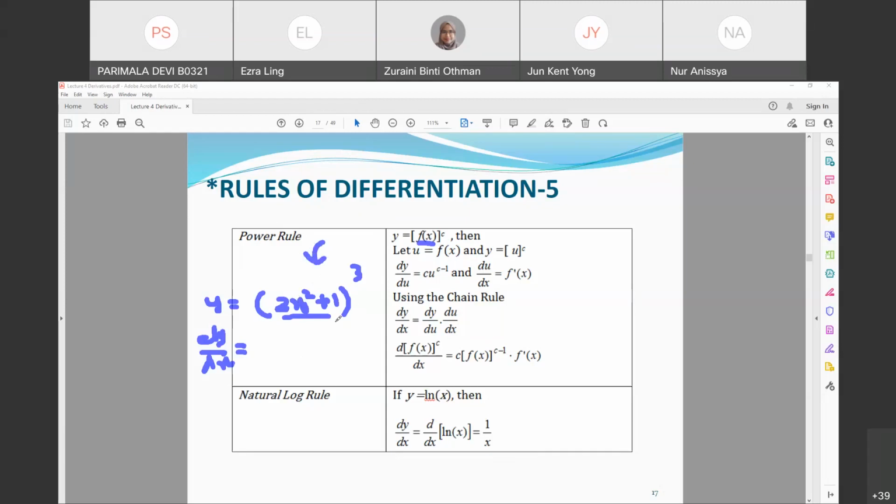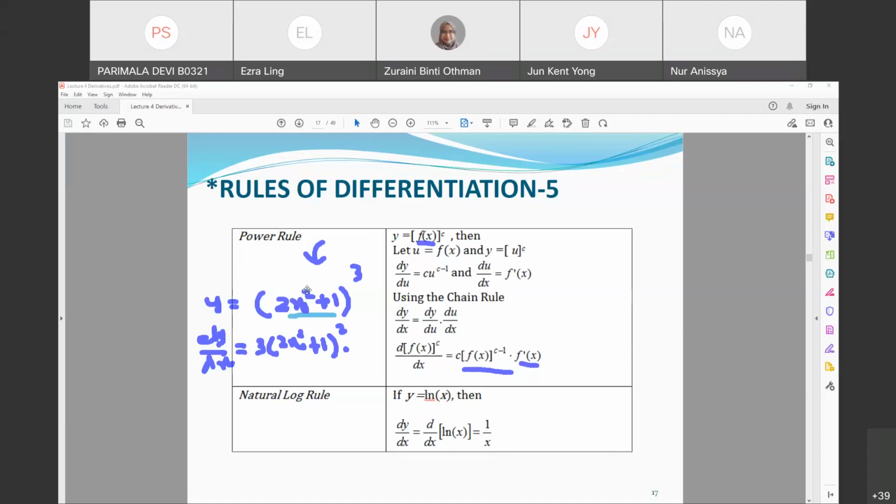Okay, so untuk soalan ni, kalau ikut rumus sini, maksudnya dia akan jadi 3 dalam kurungan 2x kuasa 2 tambah 1. Yang ni akan tolak 1. So 3 tolak 1 ialah 2, darab dengan yang dalam ni. Dalam ni kita kena bezakan.